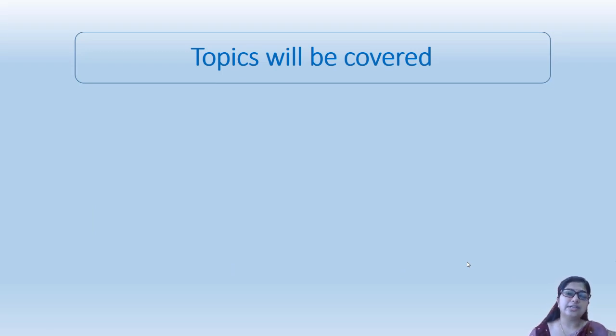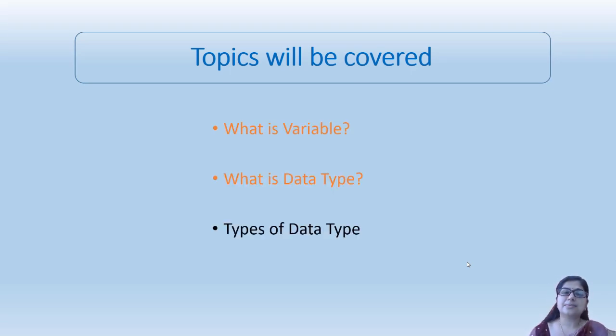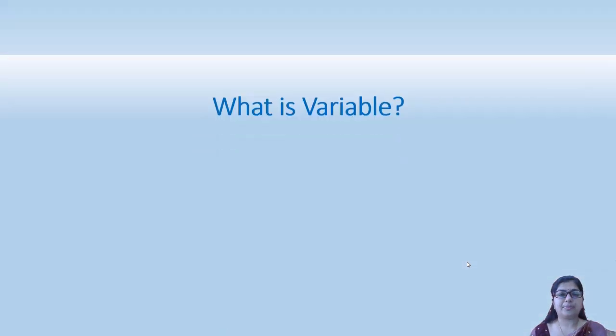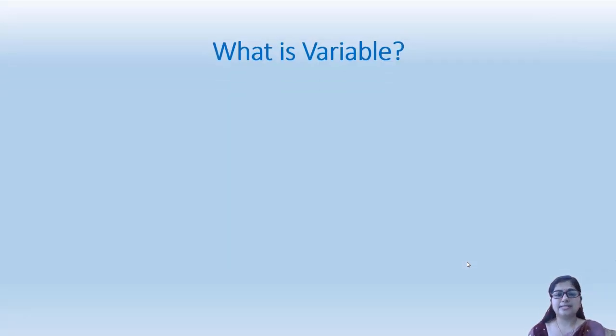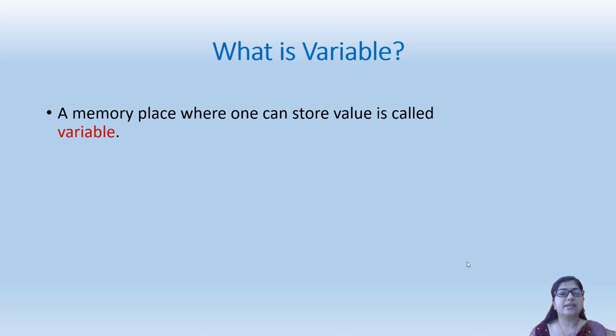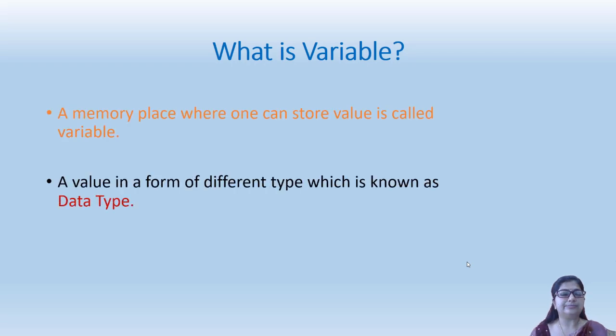So, our today's topics are: first, what is a variable, what is a data type, and types of data types. First is, what is a variable? A memory place where one can store a value is called a variable.